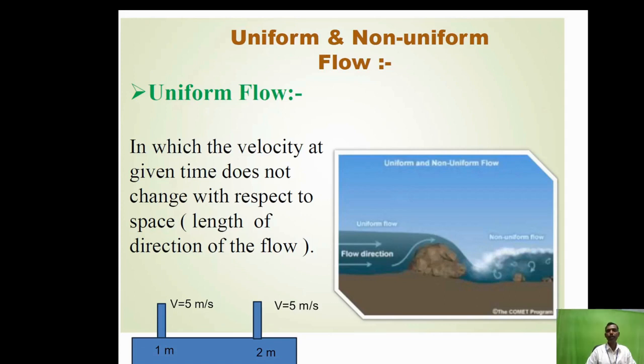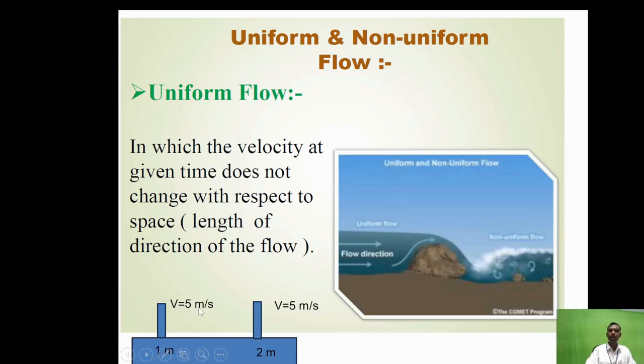Next, uniform flow and non-uniform flow. Uniform flow means the velocity does not vary with respect to the distance. See here, water is flowing in this pipeline. I measure the velocity at 1 meter.